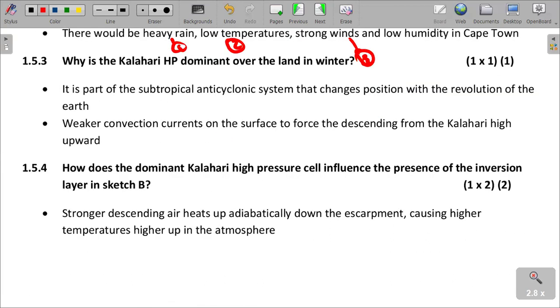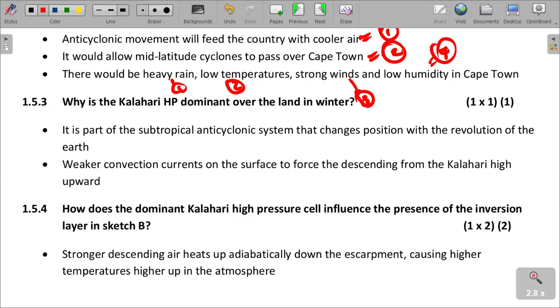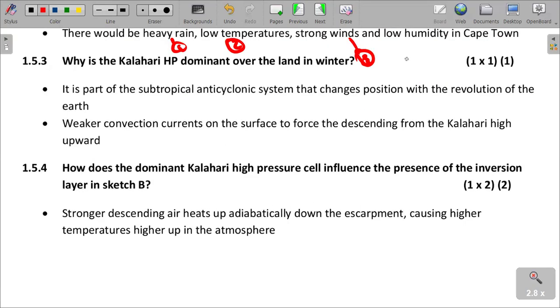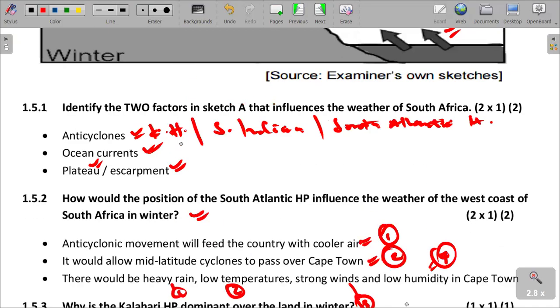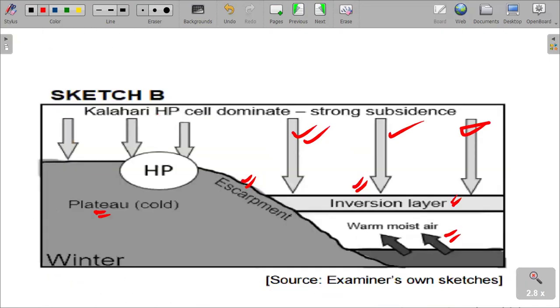And then, why is Kalahari high pressure dominant over the land in winter? The dominance of Kalahari high pressure. This question is one of those typical questions which you should always look out for. So we are saying that the Kalahari high pressure, as you can see from the photograph there, has strong subsidence.